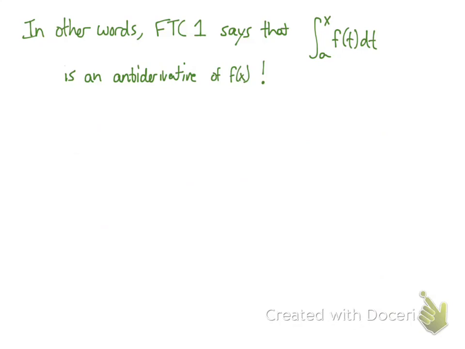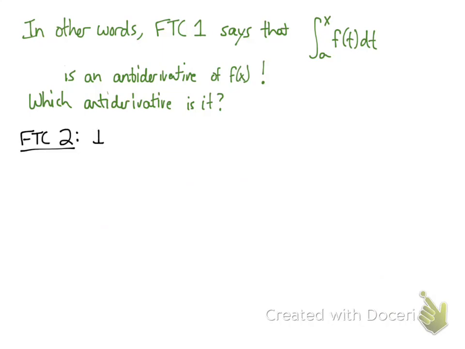Right? Its derivative is f of x, so it must be an antiderivative of f of x. Now we know there are lots of antiderivatives for any function. You get them by finding one and then adding constants. So which antiderivative is it? What constant does it have on it? Well, here's what the second fundamental theorem of calculus tells us.